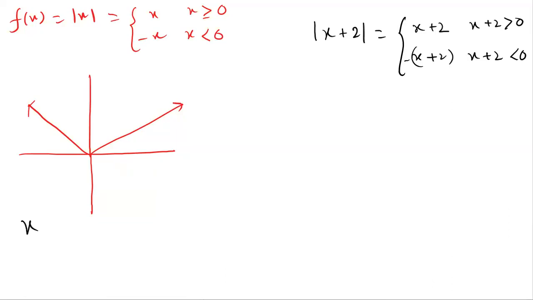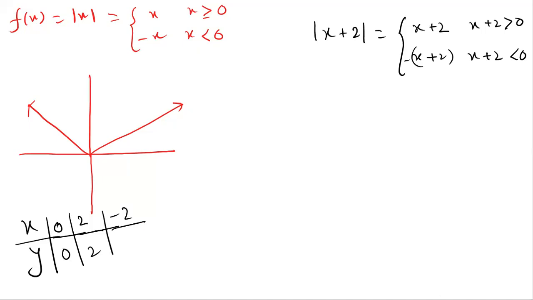I'm looking at the values of x and y. If you put x equal to 0, y equal to 0. x equal to 2, this will become 2. x equal to minus 2, this will become mod of minus 2, which is 2. So that means 0, 0, and 2, 2, and minus 2, 2.